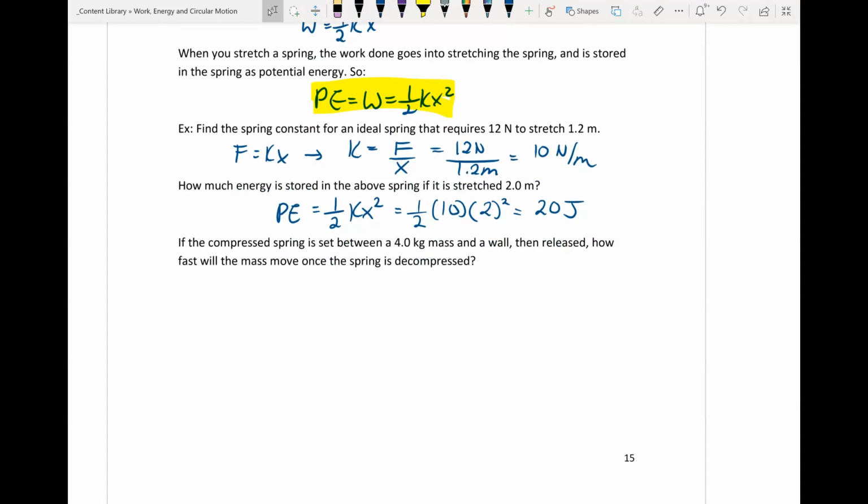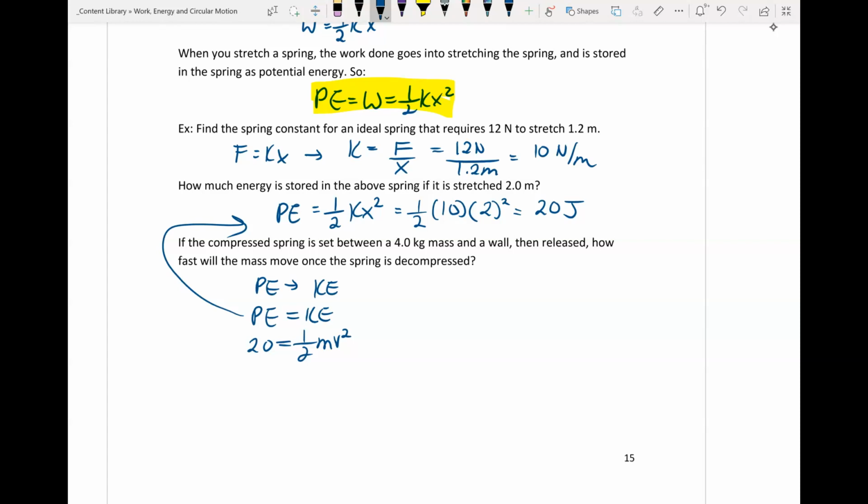If the compressed spring is set between a 4 kilogram mass and a wall, then released, how fast will the mass move once the spring is decompressed? So our potential energy is going to become kinetic energy, and it will be conserved. So then potential energy is going to equal kinetic energy. Our potential energy, we just found that over here, which is 12 joules. Kinetic energy is calculated as a half mv squared.